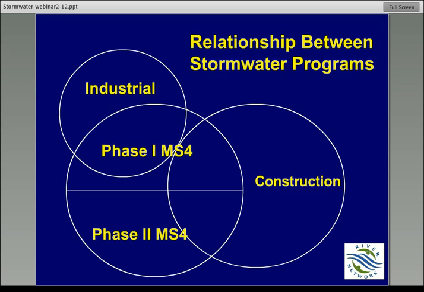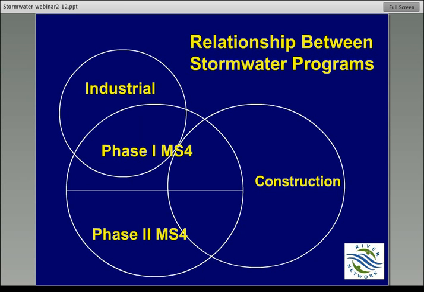The industrial component, however, which we'll talk about later in more detail, is only required with the larger and medium-sized cities and counties and entities that have an MS4 permit. By that I mean an industrial facility in an urbanized area will need to get not only a permit that deals with their industrial wastewater and stormwater discharge, but they will also be subject to whatever their city develops in terms of an industrial program.